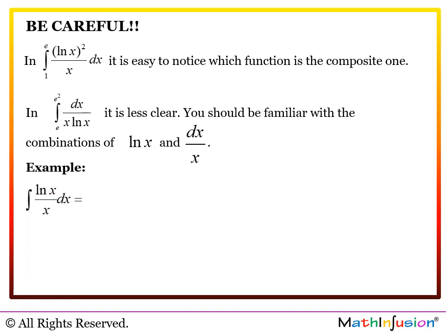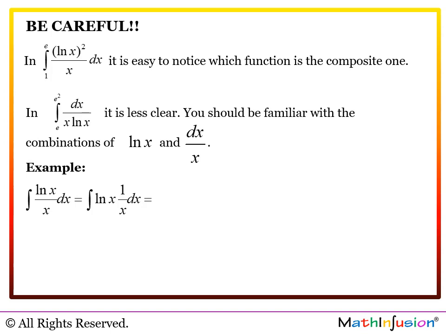Example. Integral of ln of x over x dx. First of all, I will write it as a product. Well, if I look at those functions, I see a product of two functions, but I see no composition at all. So it's very difficult to spot which one is the u and which one is the du.